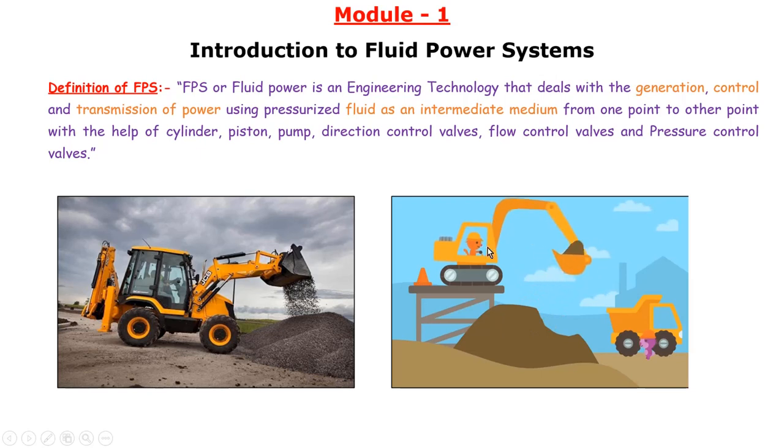We see that the driver sitting in the cabin is doing some external mechanical work. To do this work, hydraulic energy needs to be supplied to different parts of an excavator. So with the help of the excavator, we should be able to generate, control and transfer hydraulic energy from one point to other point.